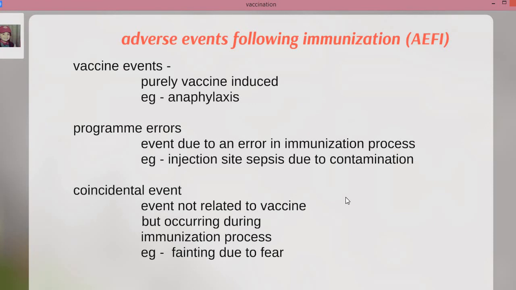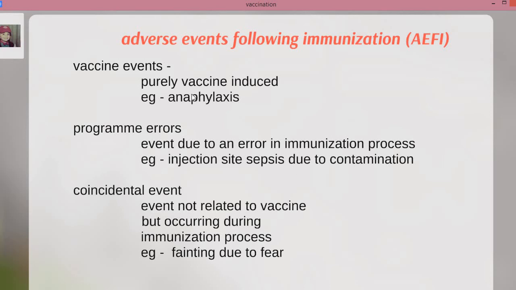What are the adverse events following immunization? Adverse events following immunization can be divided into three groups: the vaccine events, program errors and coincidental events. Vaccine events are purely vaccine induced, for example anaphylaxis. Program errors occur due to an error in the immunization process, for example injection site sepsis due to contamination.